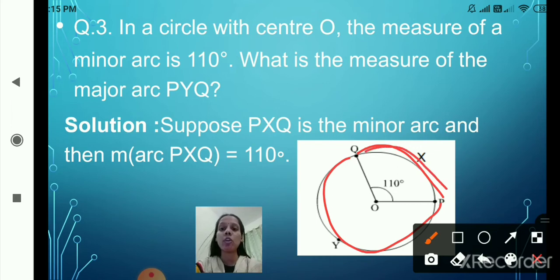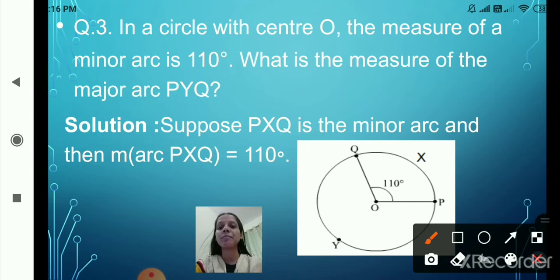Here we have drawn one central angle, and we have written the measure 110 degrees because this arc is 110. Right, after the diagram we'll start solving. In the solution, PXQ is the minor arc and the measure of PXQ is given, that is 110 degrees.